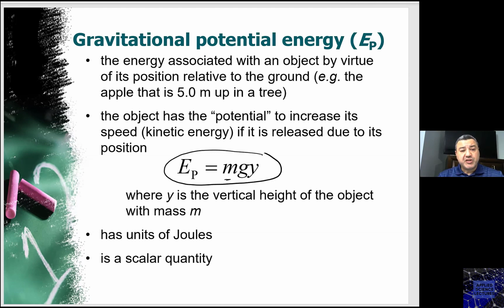It is potential because if that object was released, this energy will be transformed into kinetic energy. So this potential energy is stored inside this object, and it is proportional to the location of this object from the ground.